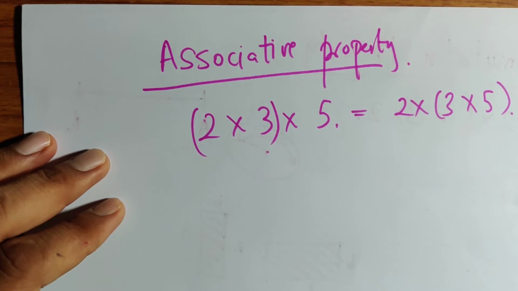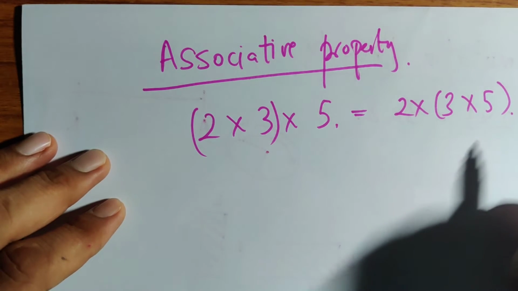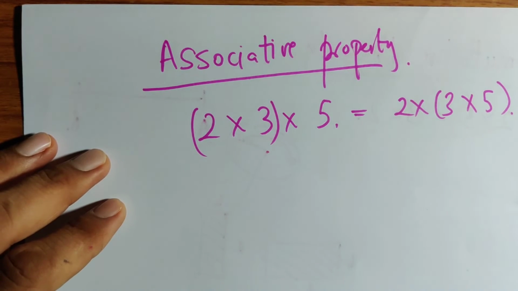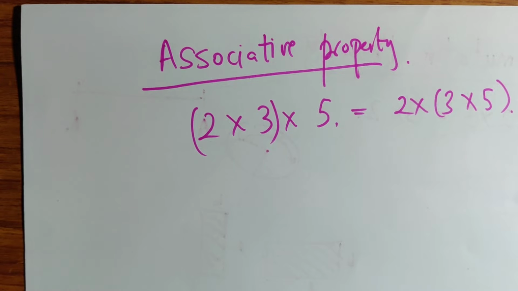Whether we do it like this or like this, multiplication has an associative property, and so does addition actually. Just like commutative property is a matter of perspective and is related to area, associative property is a matter of volume.